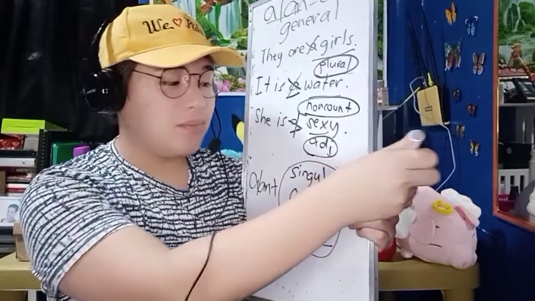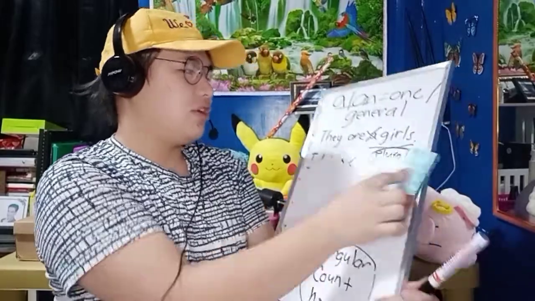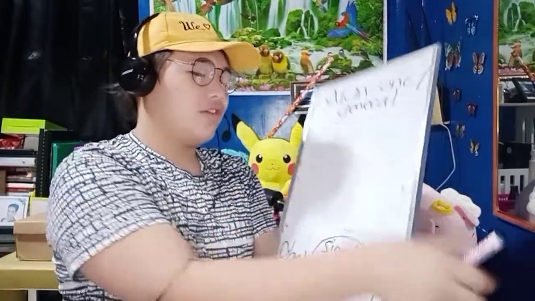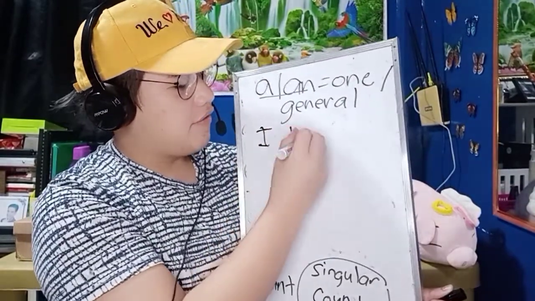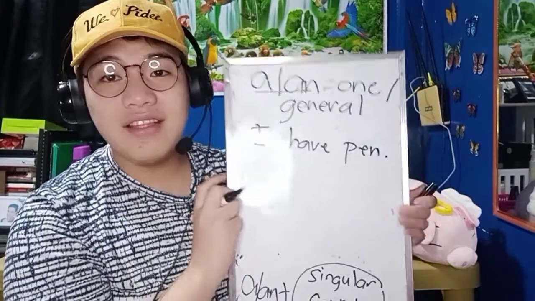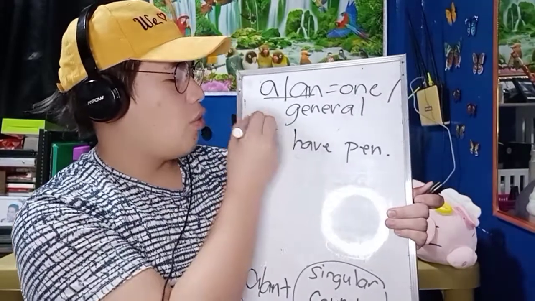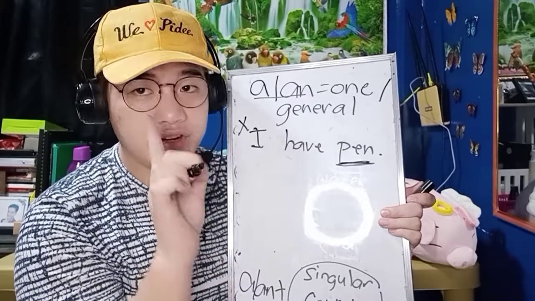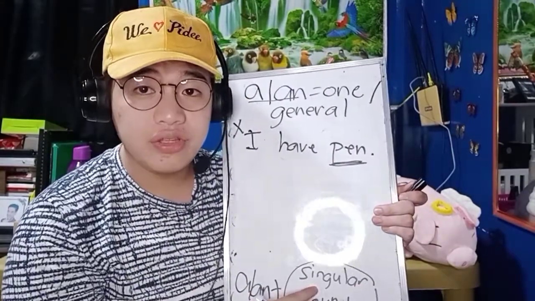It's a little vague, it's unclear, but I'll give an example for it to be easier to understand. For example, the sentence would be, I have pen. Is it correct or wrong? The sentence is wrong. Why? You have to understand the noun here. First, as you can see here, pen is singular, yes or no?